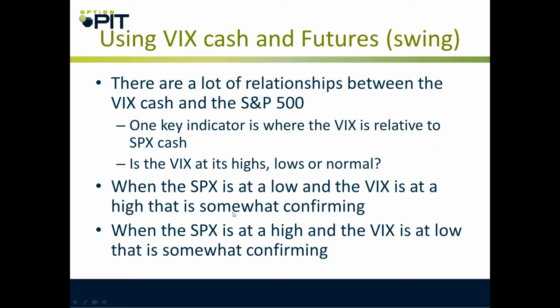Okay, so when the SPX is at a low and the VIX is at a high, all that means is people are freaking out, which is normal, right? You can't divine much from that. Just vol's higher, market's moving, changing zone, right? When the SPX is at a high and the VIX is at a low, it's somewhat converting, meaning we're just moving up the curve like I said last week.